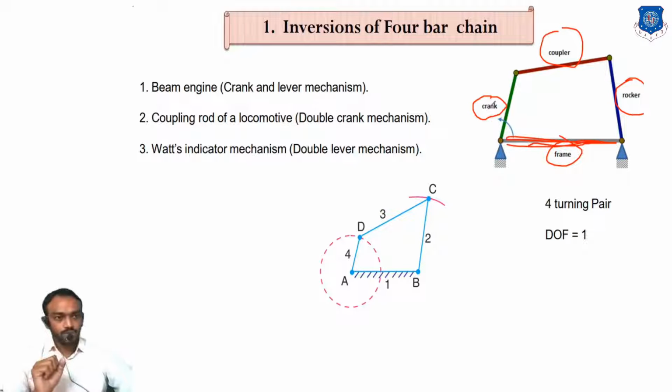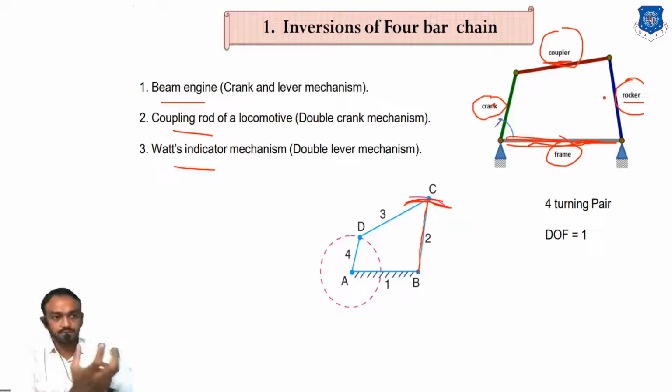The element which is rotating we name the crank, and the element BC will oscillate with respect to rotation of link number 4. The one which oscillates we call the rocker, and the connecting link between crank and rocker we call the coupler. In these three inversions we will find these elements, but the fixed element will be different.